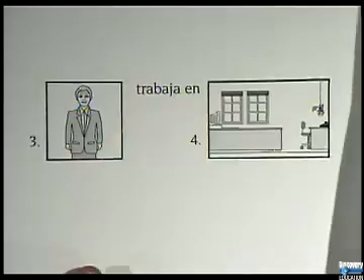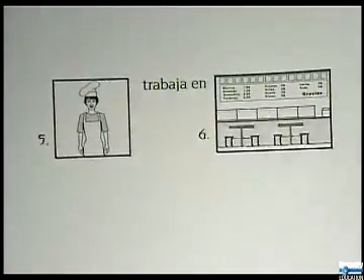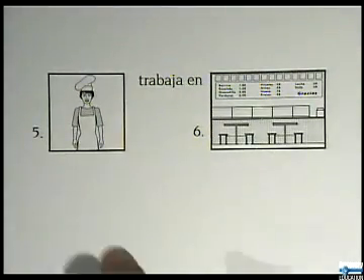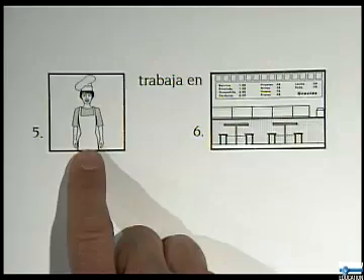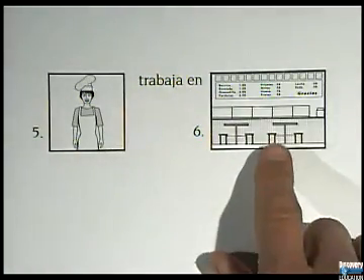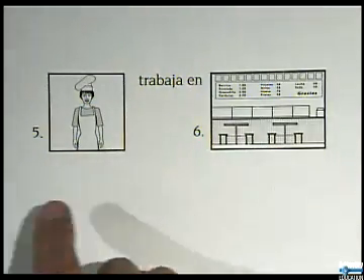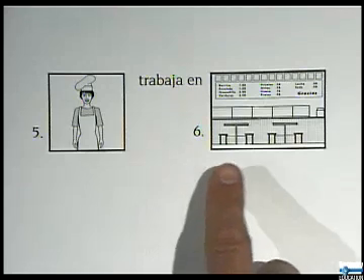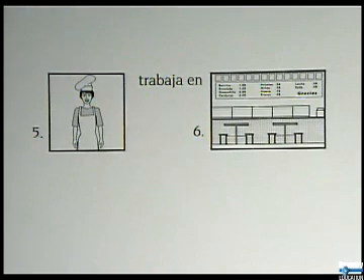Let's look now at the next two on numbers 5 and 6. Number 5, this person trabaja en number 6, this place. Number 5 trabaja en number 6.